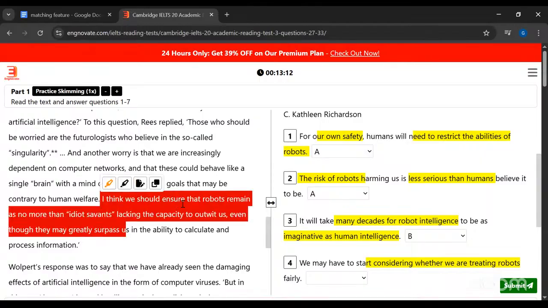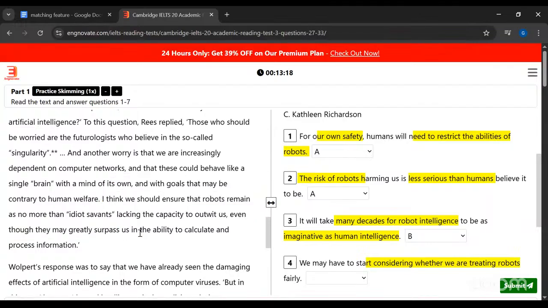Okay, I think we should ensure that robots remain as no more than idiot savants, lacking the capacity to outwit us, even though they may greatly surpass us in the ability to calculate and process information.